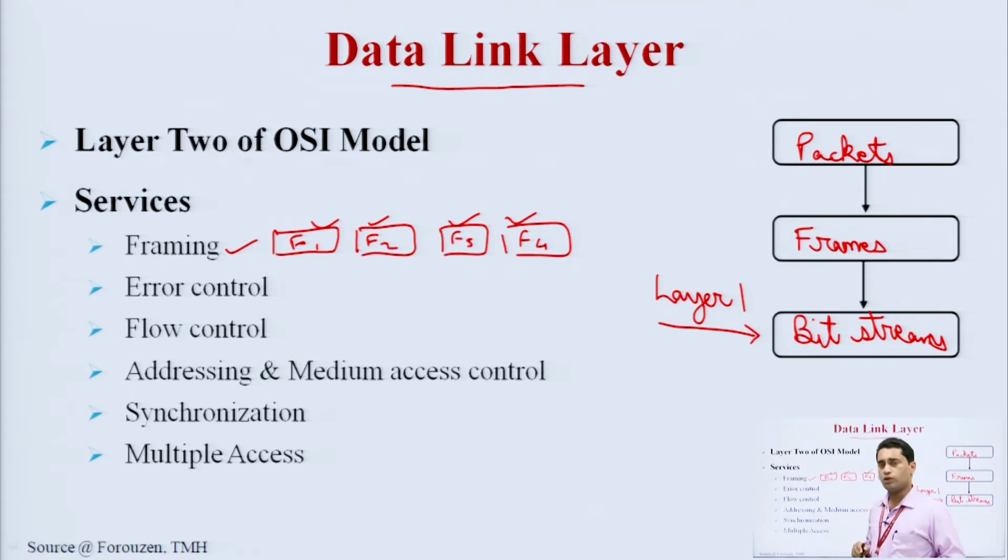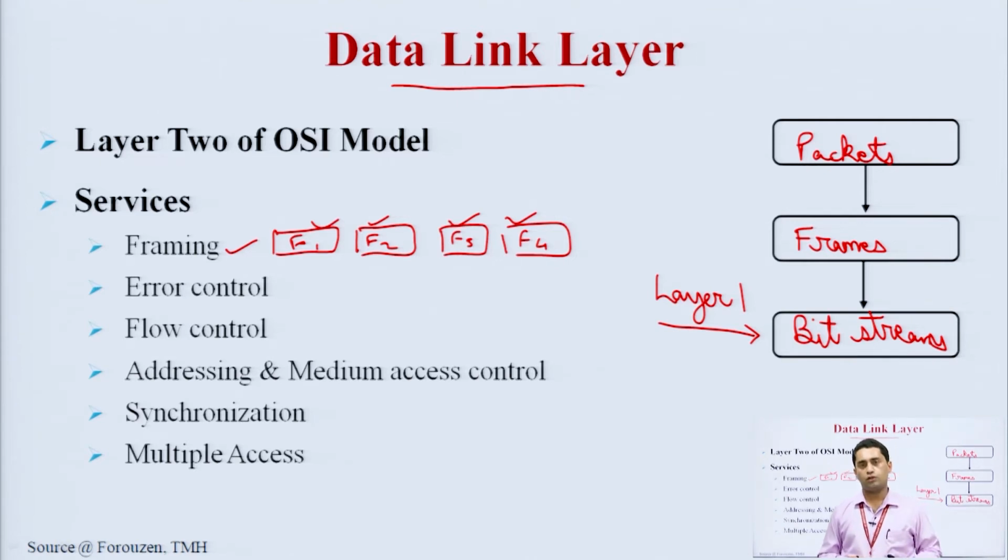Now, the next important task is how these frames are connected. Suppose I have sent this data and you, my friend, are receiving frames 1, 2, 3, 4 at your end, but the order is random, meaning you receive frame 3, then frame 2, then frame 4, then frame 1. So how is synchronization among the frames done?